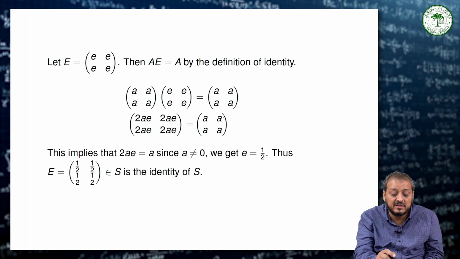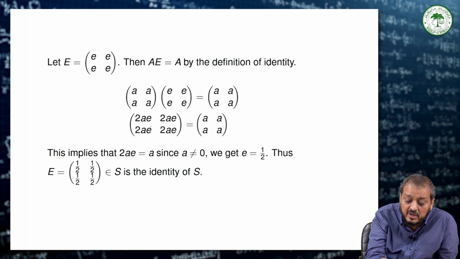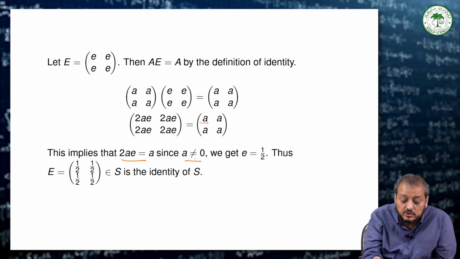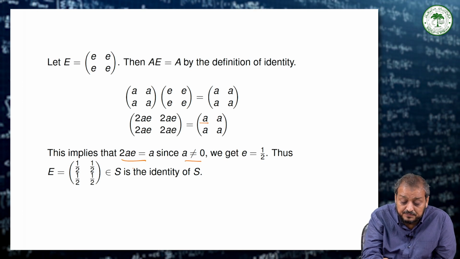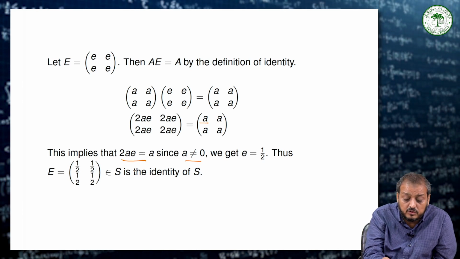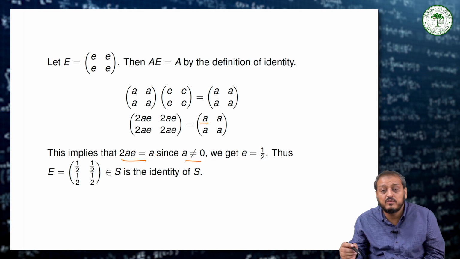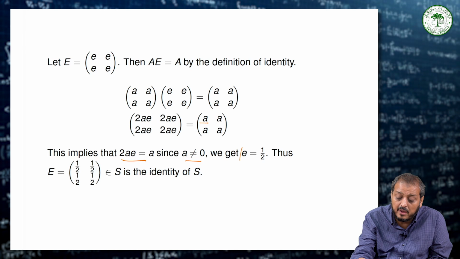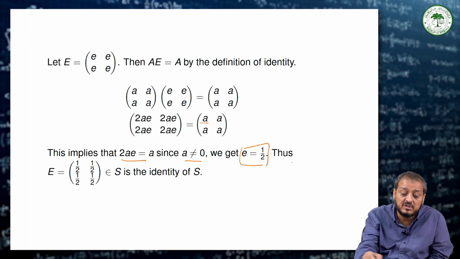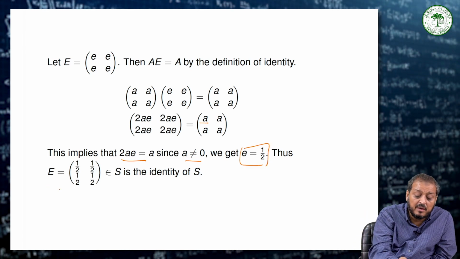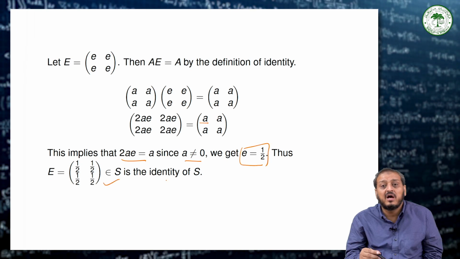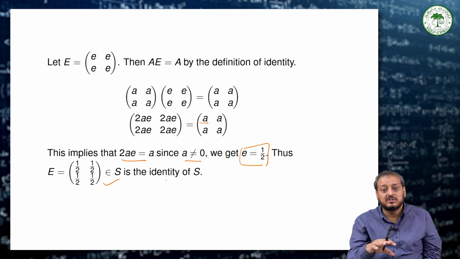Clearly 2AE is equal to A, and since A is not equal to 0, we get E is equal to 1 by 2. So the matrix with entries 1 by 2 is the identity element of this set.